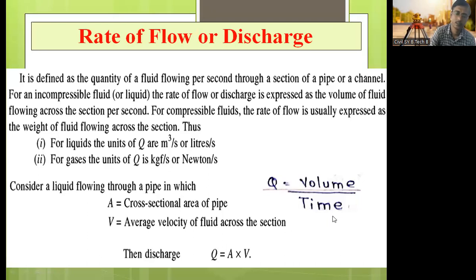Then write down this formula for discharge. Q is equal to volume upon time, and the second formula Q is equal to A into velocity.